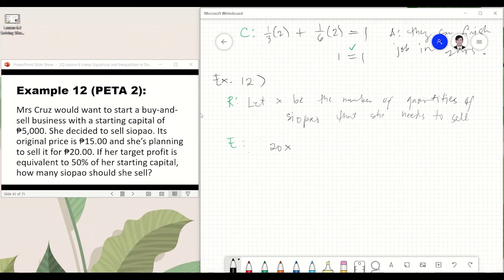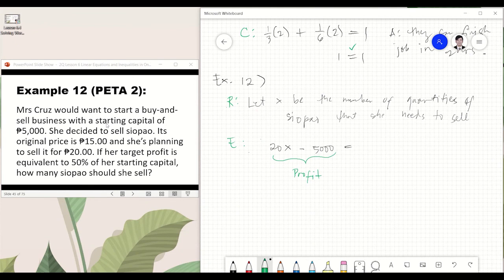Pero hindi pa natin alam yung number of quantities. So, X lang muna. So, 20 times X. Minus, okay, kukunin natin yung starting capital niya, which is 5,000. Para makuha natin yung profit lang talaga. So, ibig sabihin, this is the representation for the profit that she gets. Okay?